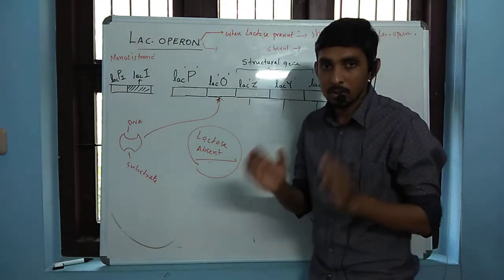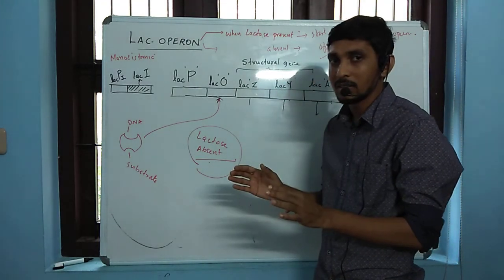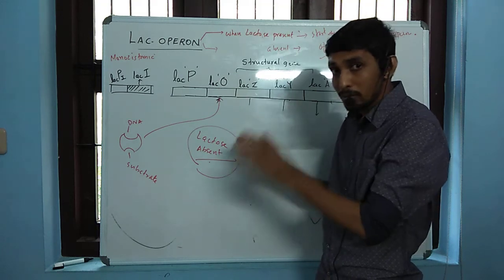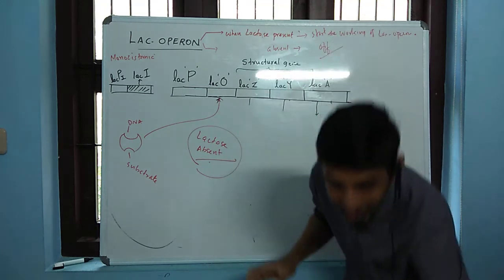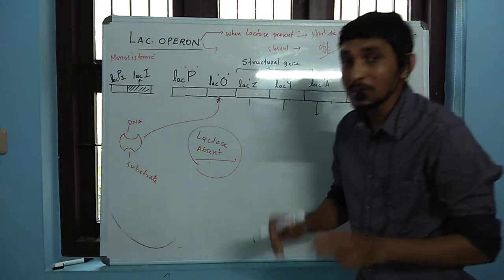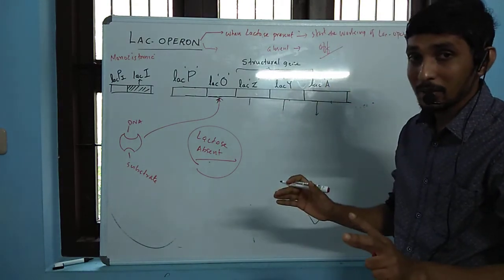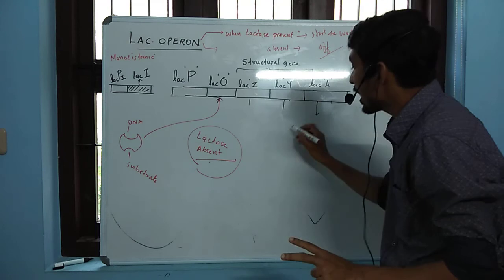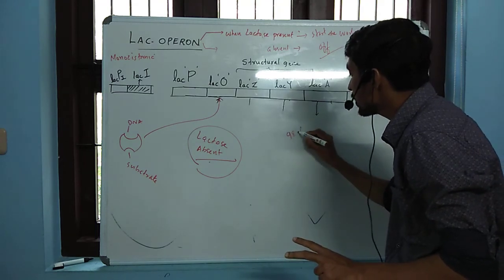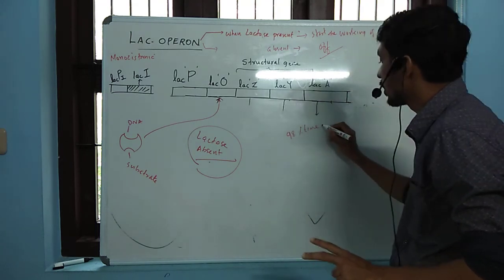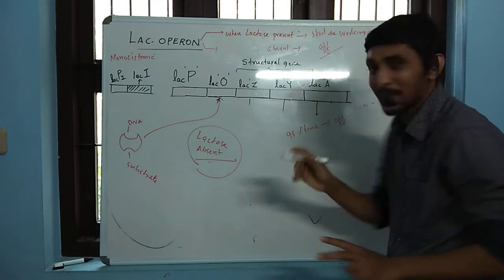I already told you that when lactose is absent, the operon is off, which means when lactose is absent inside the medium, 98% of the time this operon is off. Not 100% of the time.